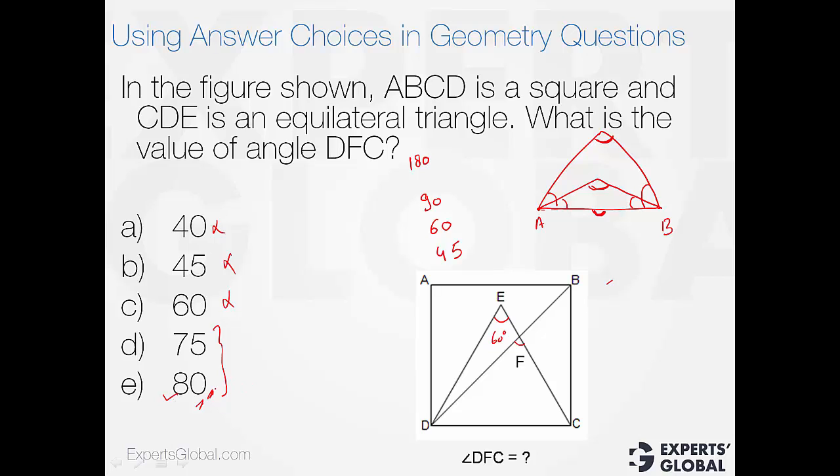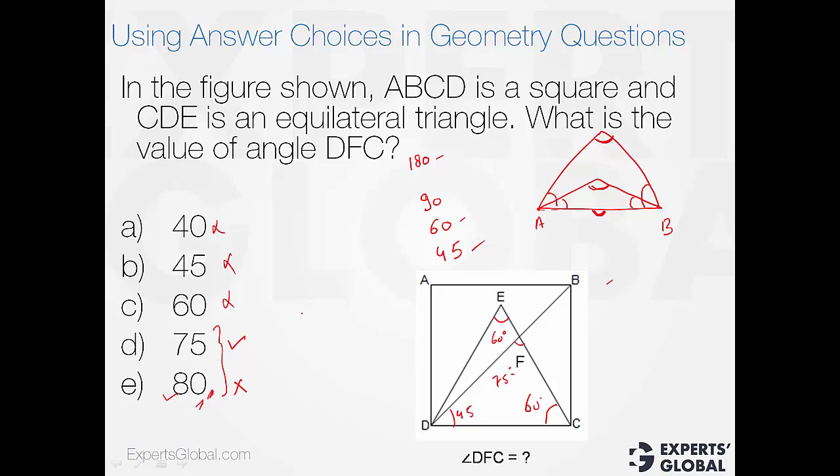The right answer is 75. Of course, practically if you were to solve it, it's an easy question. 45 here, 60 here, and therefore 75 here. But see, the 75 has been reached by these values only, 180 minus 60 minus 45. So in case this doesn't strike, you can always apply this common sense.